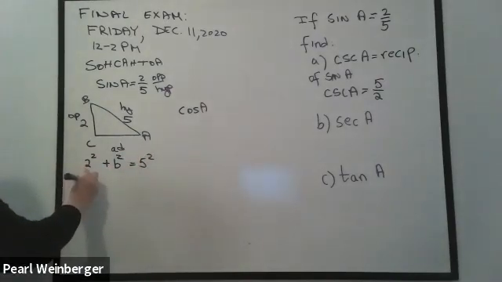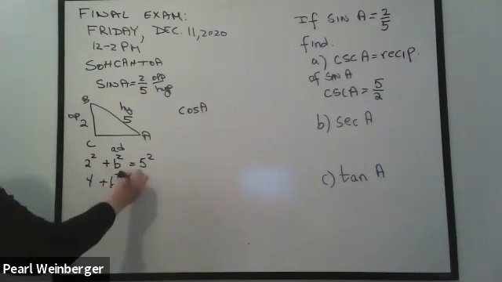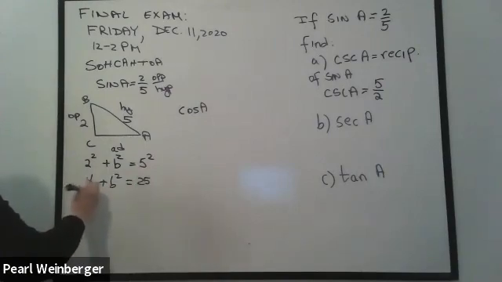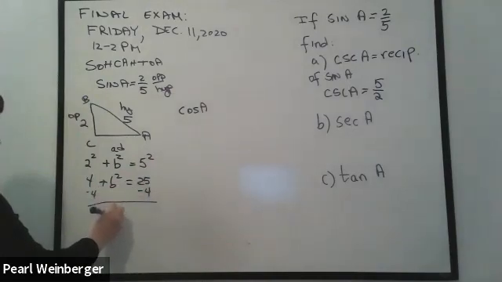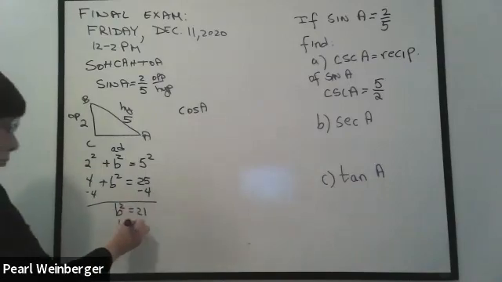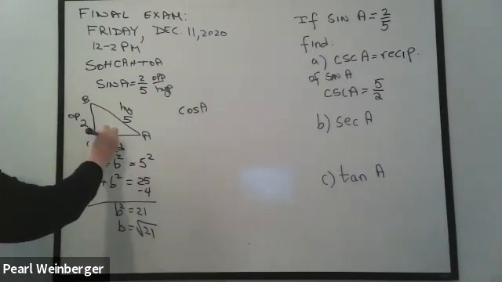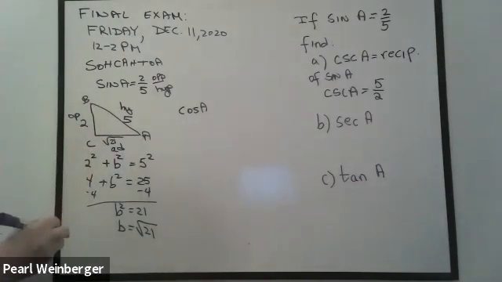So this is 4 plus b squared equals 25. And that, bringing the 4 to the other side, gives me that b squared equals 21, which means b is the square root of 21. So my adjacent side is the square root of 21.